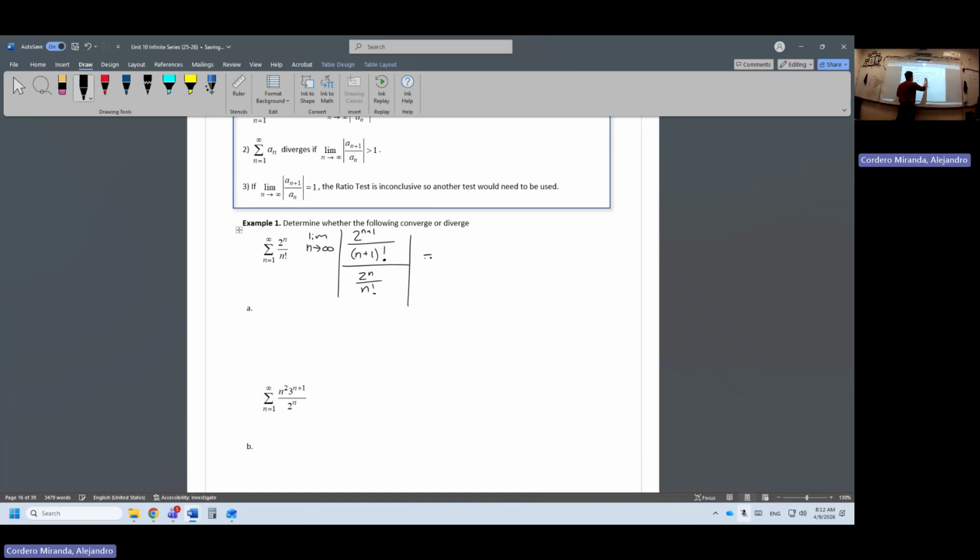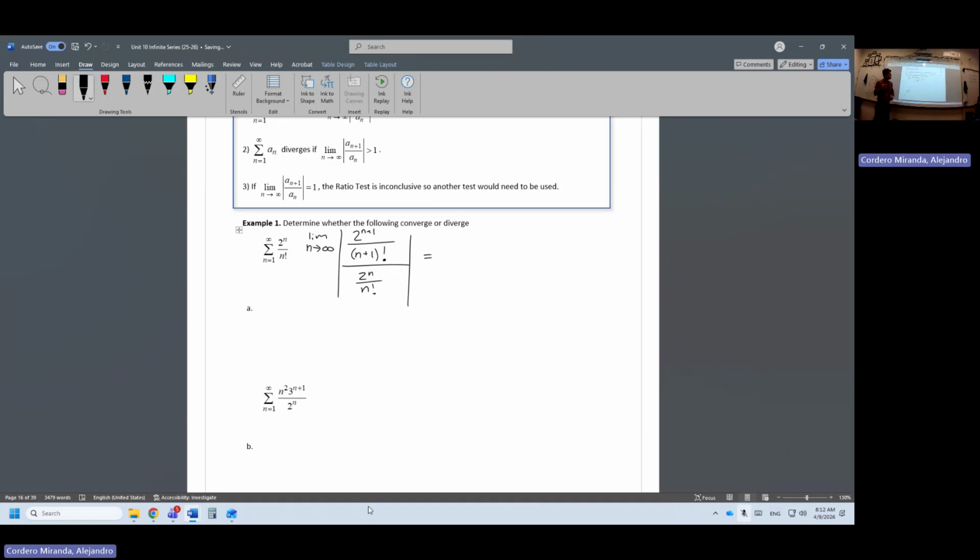Okay. Cool. And then if we're going to take this limit, it's easier than it looks, and then we'll determine if this converges or diverges. This ratio test, by the way, I should say, is like the one that you use the most. It applies the most often, and it's useful for other things that we'll learn later in the unit too. So this is like an important one.